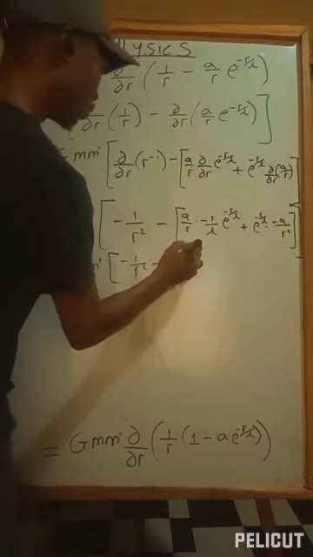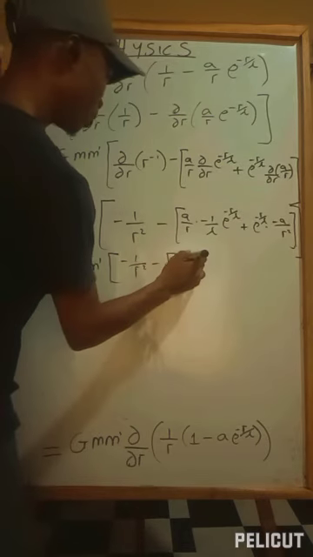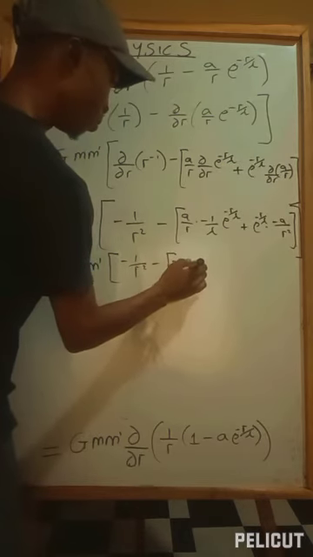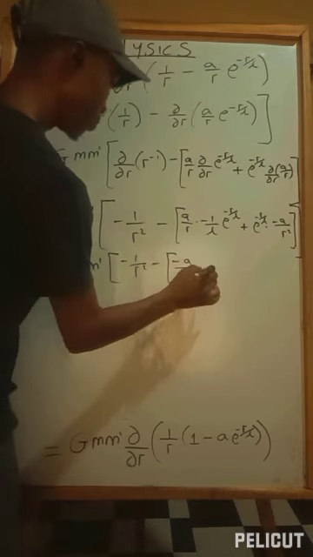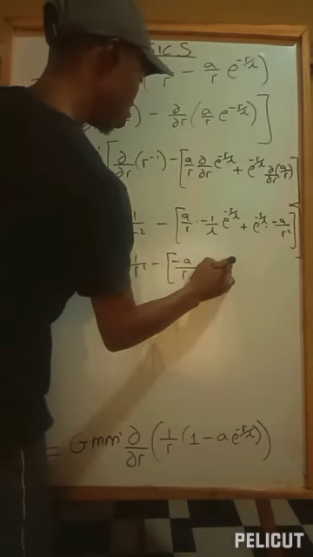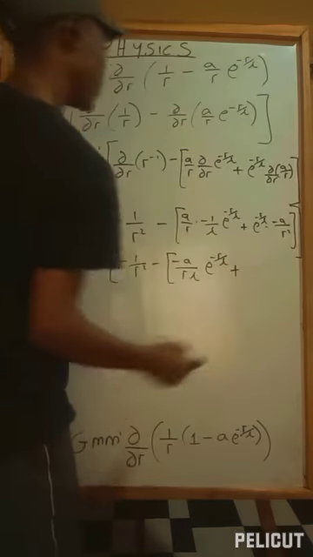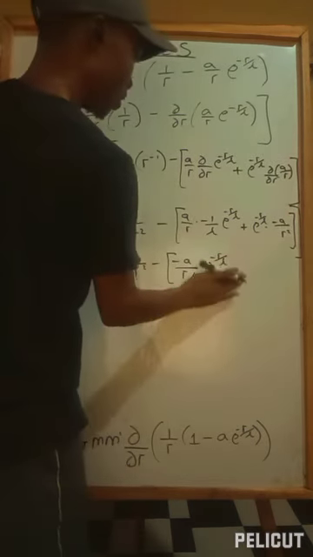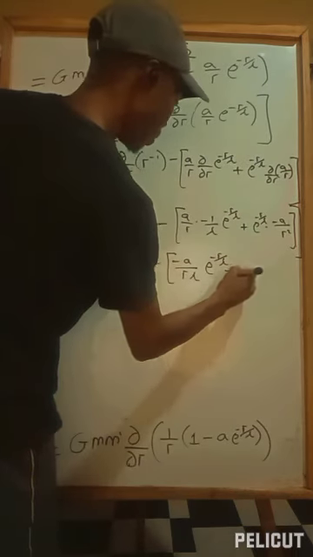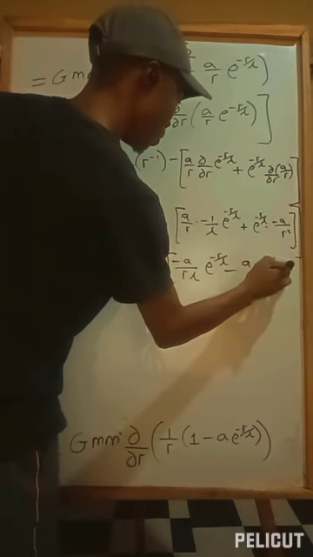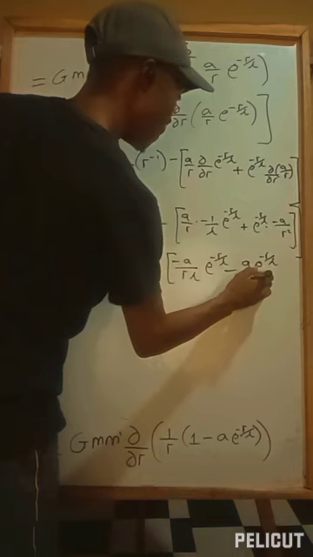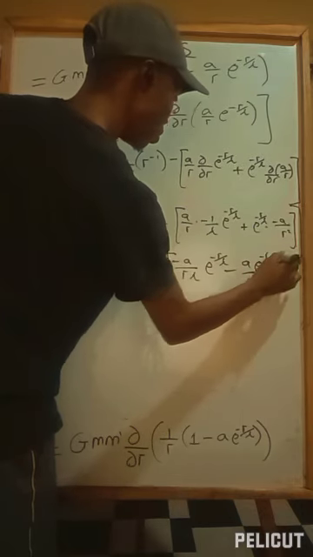This is going to be minus a over r lambda exponential minus r over lambda plus, plus times minus is minus, that's minus a exponential minus r over lambda divided by r squared.